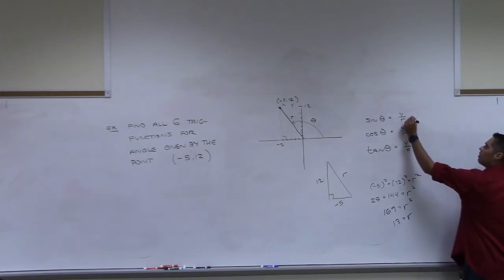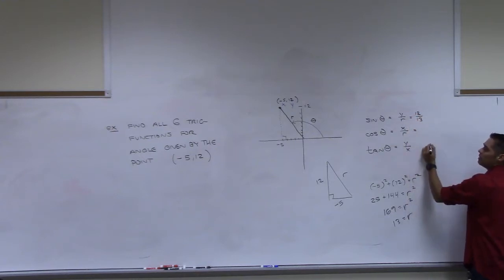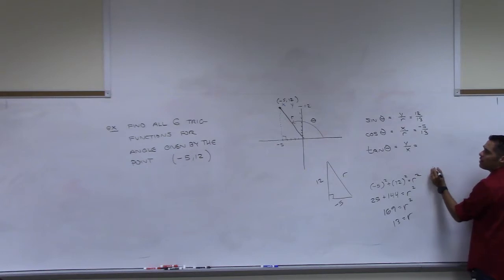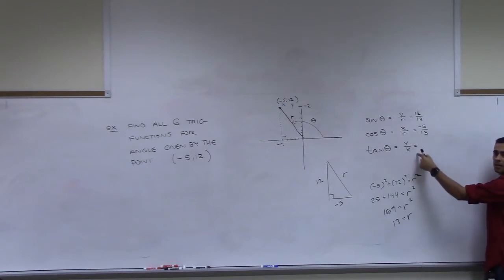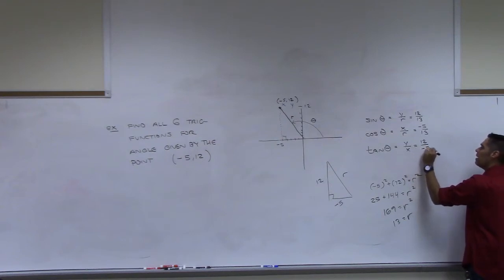And so when we go to get these, y would be 12 over 13. X would be -5 over 13. And then finally, y over x. We could have done this one without doing any work, right? This would have been 12 over -5.